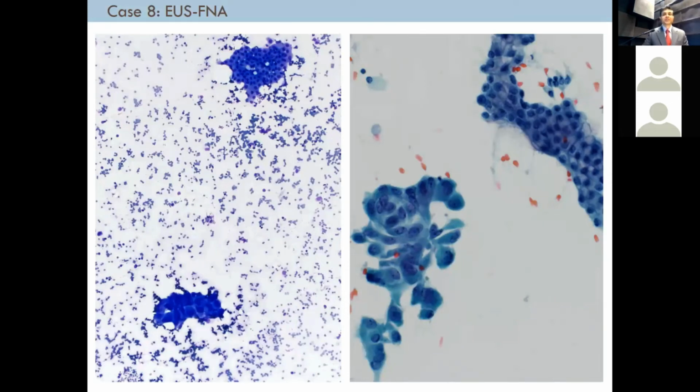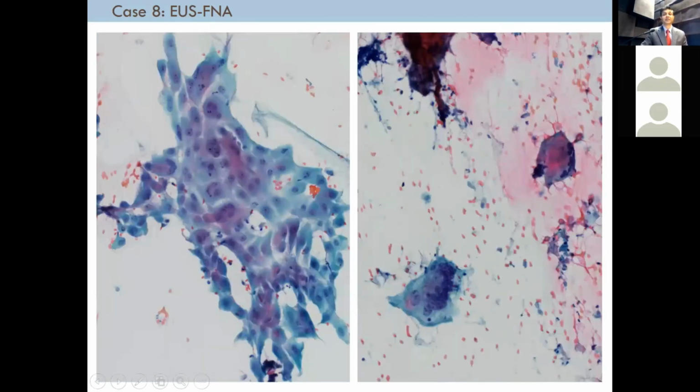The cytological smears, as seen over here, show 2 types of cell population. The population seen on the top looks very bland, and then there were epithelial groups that showed atypical cytomorphological features. On high power image of these atypical cells, as you can see, they are large cells with 2-tone cytoplasm.